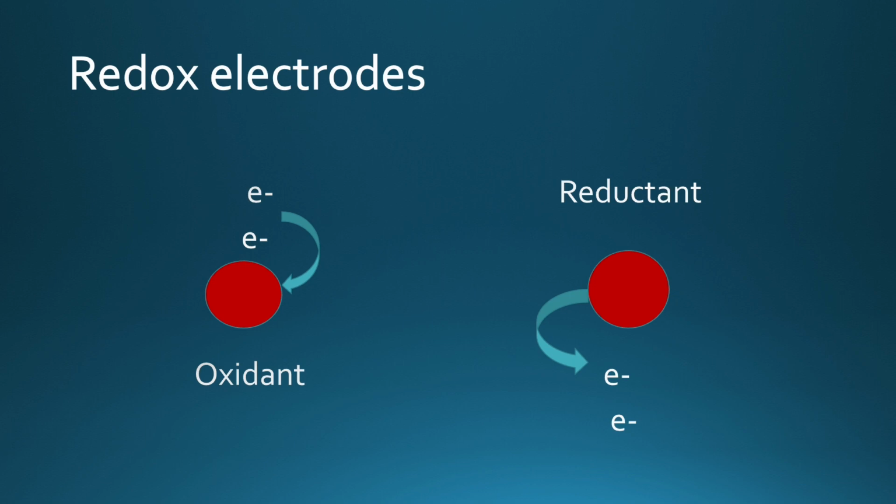Now we'll move to the third type of indicator electrode, which is the redox electrode. The basic principle is that any substance that accepts electrons is called an oxidant, and any substance that donates electrons is called a reductant.